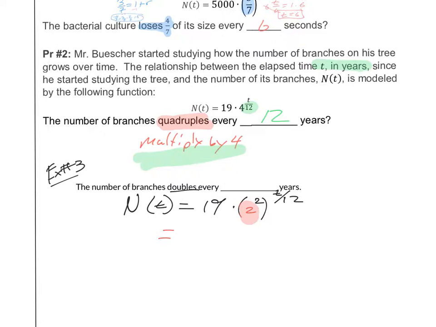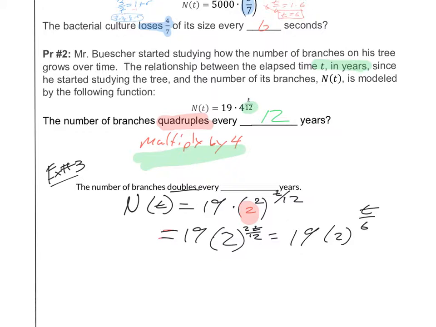So I got equals 19 times 2, and this little 2 in the exponent, we've learned that if you have an exponent inside the parentheses and an exponent outside the parentheses, you could just multiply these. And so we could say this is like 2t over 12, which of course we could reduce. So we could write this equation as 19 times 2 to the t over 6.